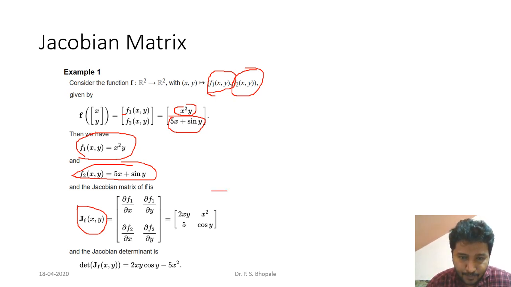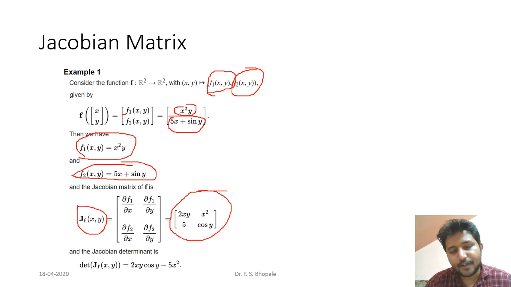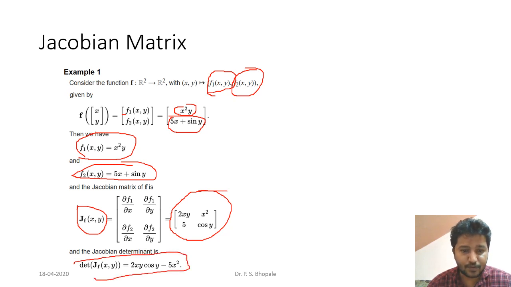So the Jacobian matrix is 2xy, x square, 5 and cos y. And the determinant of this Jacobian matrix can also be calculated as 2xy cos y minus 5x square. So this is a simple method where a function maps an n dimensional input to an m dimensional output, and we can calculate a Jacobian matrix J.